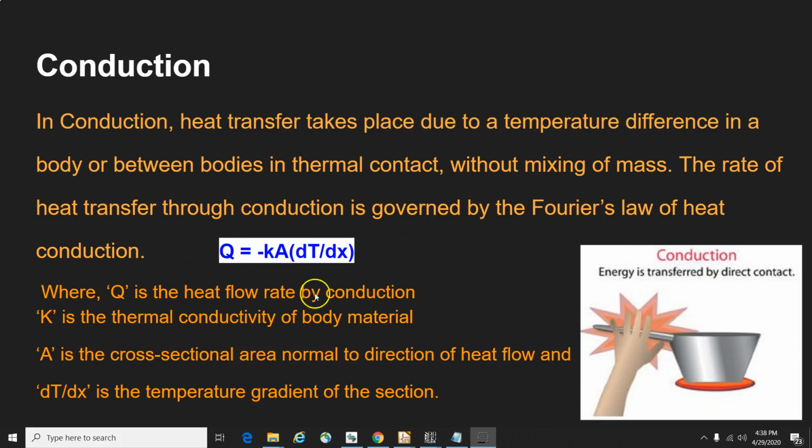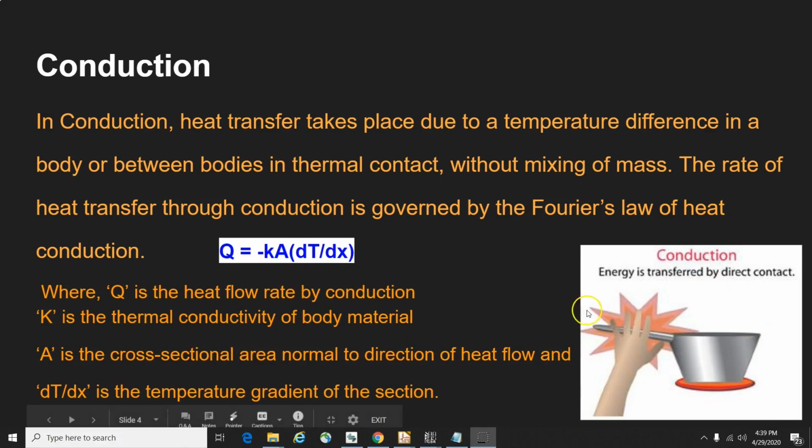Here you can see the formula, which says Q equals negative K A dT by dx, where Q stands for heat flow rate, K stands for thermal conductivity of the body material, A stands for cross-sectional area, and dT by dx is the temperature gradient.